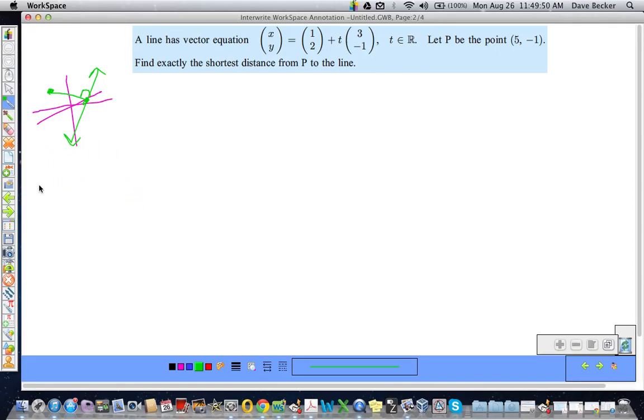Well, let's say N is the point on the line closest to P. So, like in our little drawing here, this is our N and this is our P. I don't know if this is right for (5, -1).